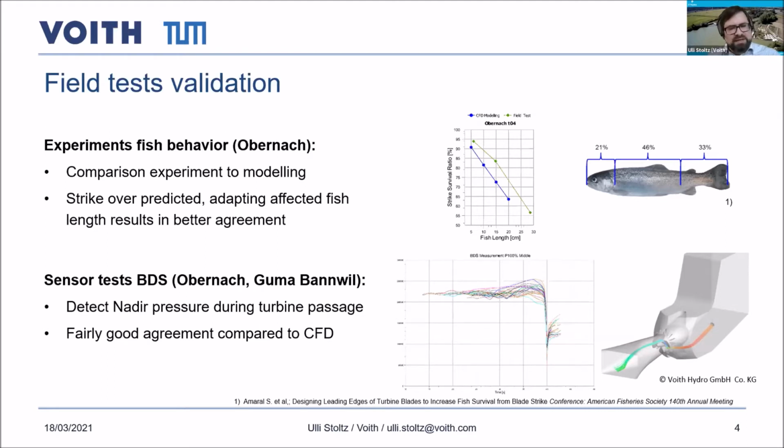Secondly, we got data from the sensors, like the pressure change through the turbine. You can see it starts slowly approaching the turbine. Then through the turbine, a minimum pressure is reached. And as we learned before, the difference between the acclimation depth of the fish before entering the turbine and the nadir pressure, the lowest pressure the fish experience in the turbine, can be very harmful.